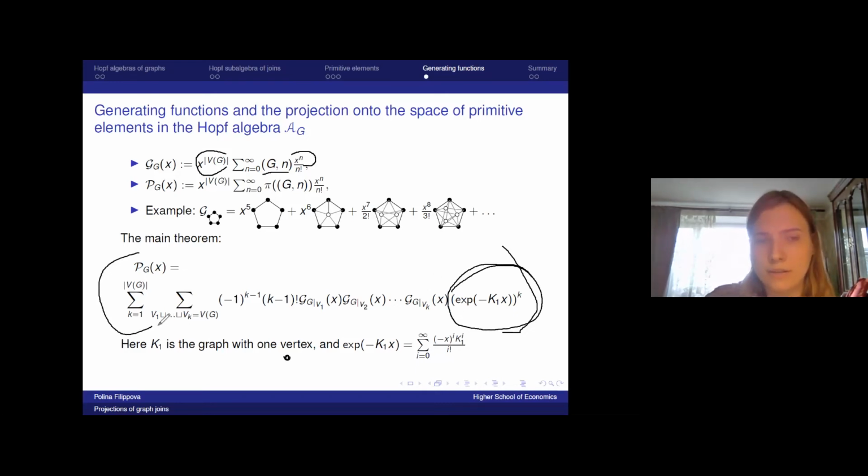We take again a partition of the vertex set into K subsets. We have the same coefficients. We take the induced subgraphs, but here such an exponent is added.